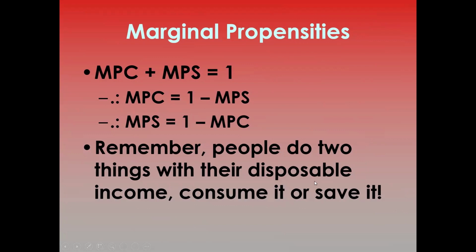So remember, people do two things with the disposable income: consume it or save it. So it all has to come together. They're not doing anything else with it. They're either consuming or saving it. So that's why it's only both of them together.